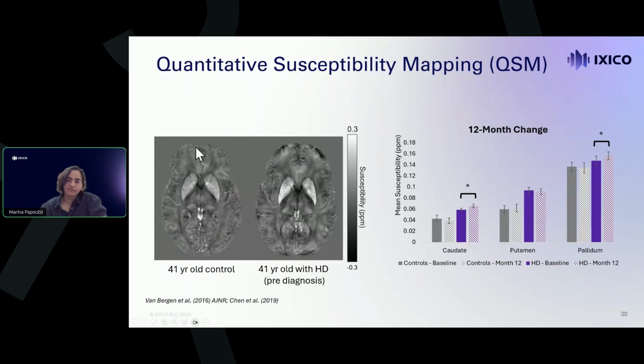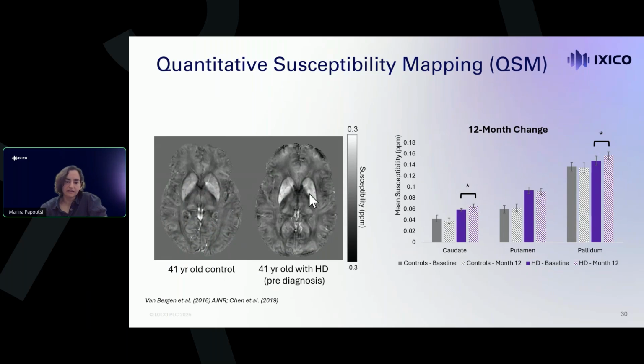We can see the images here on the left, with really strong contrast in the basal ganglia, particularly in the globus pallidus, a region you don't see very clearly in a 3D T1-weighted image usually used for volumetric analysis. Even though we know the globus pallidus is affected in HD, we've always struggled to use it as a biomarker because the contrast in a 3D T1-weighted image is so poor. But with QSM, we actually have a really nice, strong signal.